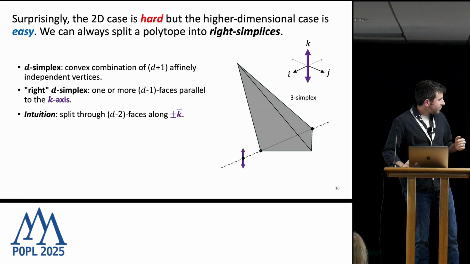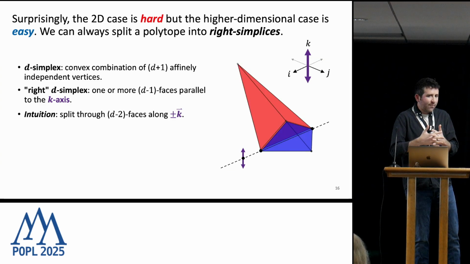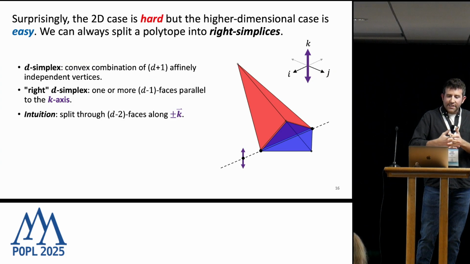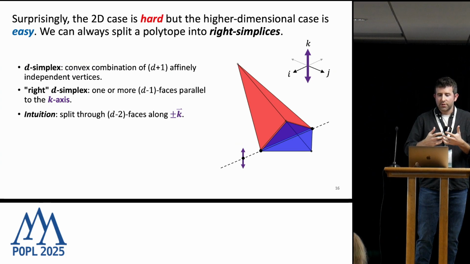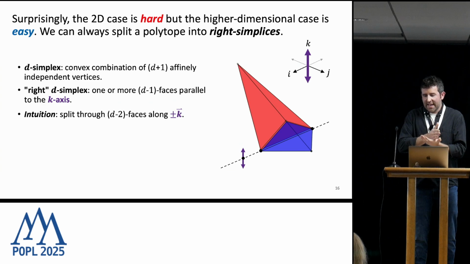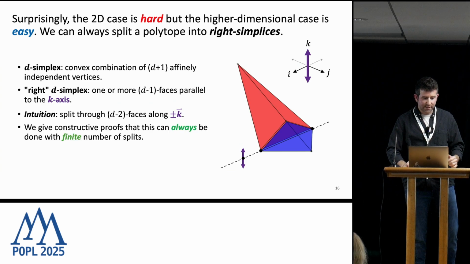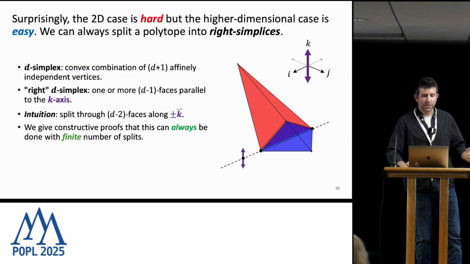It's not really a heuristic, but we have a way to guarantee that by splitting these things through their edges, so splitting a D simplex through its D-2 face gives us a way to produce two smaller, easier to simplify pieces in such a way that we can guarantee that this process terminates. So a lot of the paper is dedicated to the math and giving constructive proofs to show that this always works.